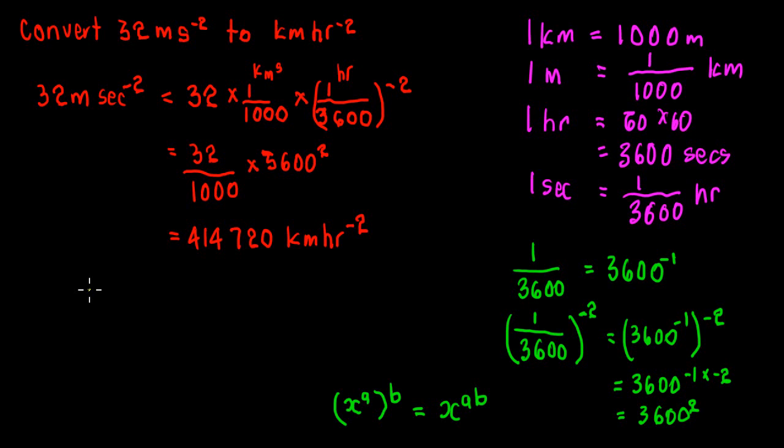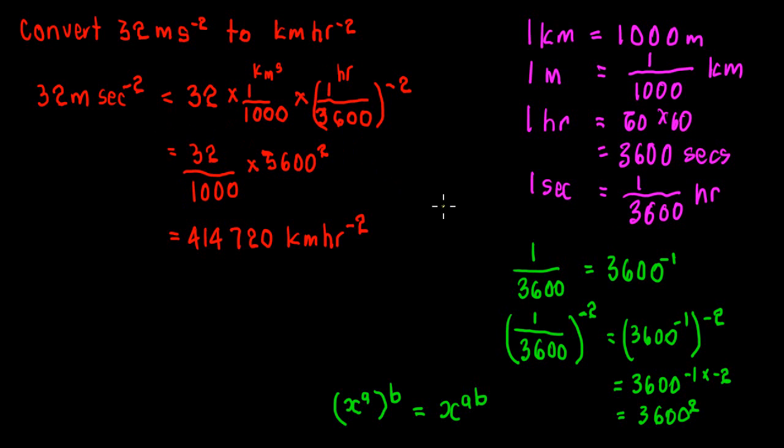So that's a bit interesting. How are we going to deal with just that little bit there? I mean, just looking ahead here, 32 times 1 over 1,000, 32 over 1,000, we can deal with that, but whoa. Okay, well, let's have a look. So 1 over 3,600, we could write that as 3,600 to the power of -1.